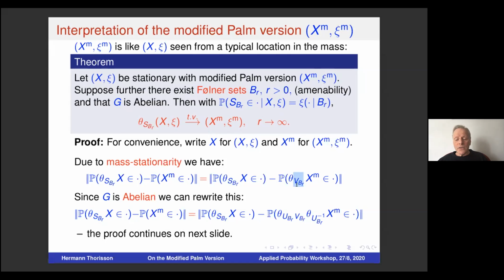And that's just a rewriting of V. And then on the next slide, I'll show that by this we can turn this equation into the one on the slide before.